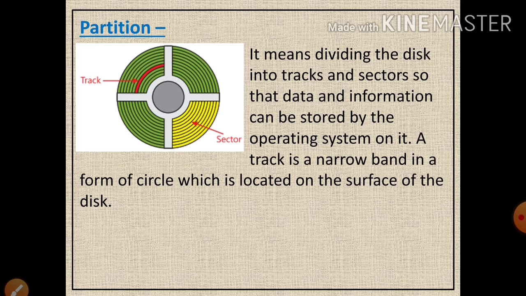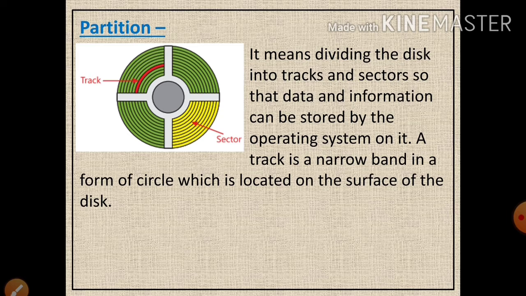Now here I have shown you the diagram of one platter which is divided into different tracks and sectors. In this diagram the track is the area shown with red color. A track is a narrow band in the form of a circle located on the surface of the disk, and a sector is a group of tracks at one location.